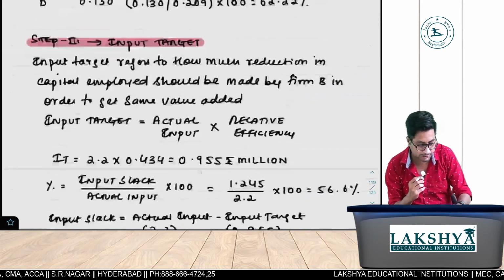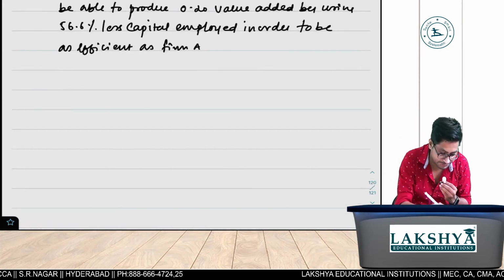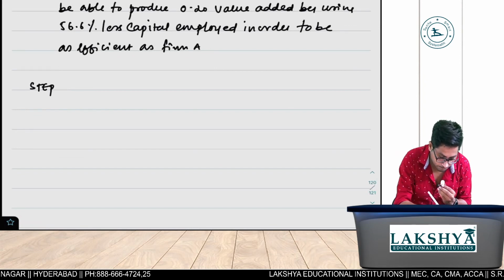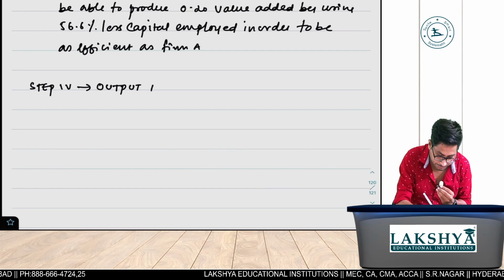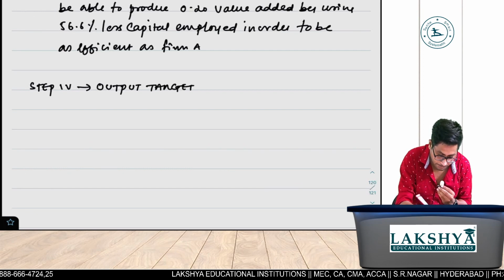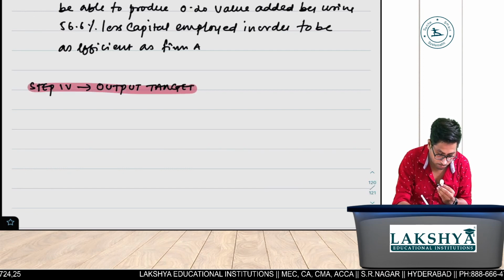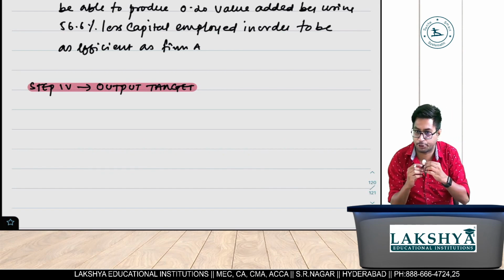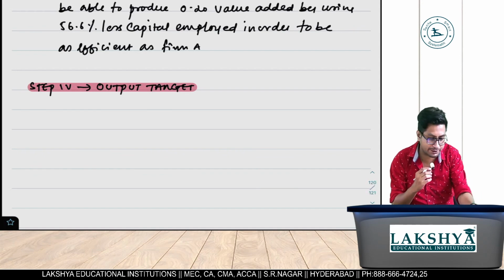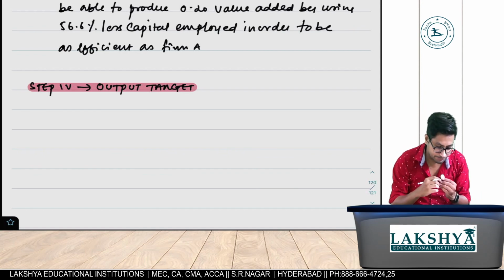Now which target do we have? Output target. That is step number 4. Which target? Output target. What do we mean by output target? With the same level of capital employed, they should get less value added or more value added? Simple.